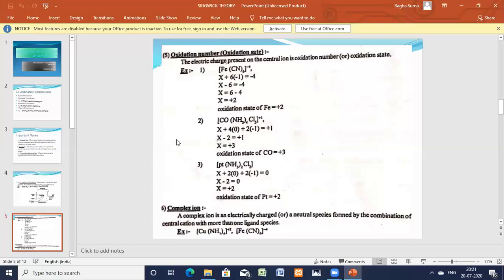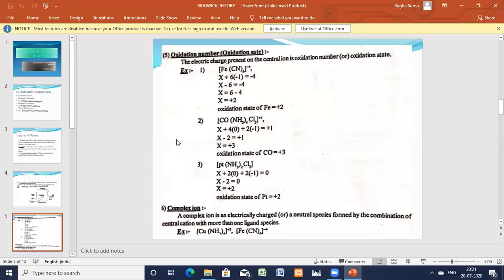Previously I explained the types of complexes: cationic, anionic and neutral, and the important terms involved in coordination compounds: central metal atom, ligand, oxidation number, complex ion, and coordination number. I have explained the coordination pair. So now we know how to calculate the oxidation number.